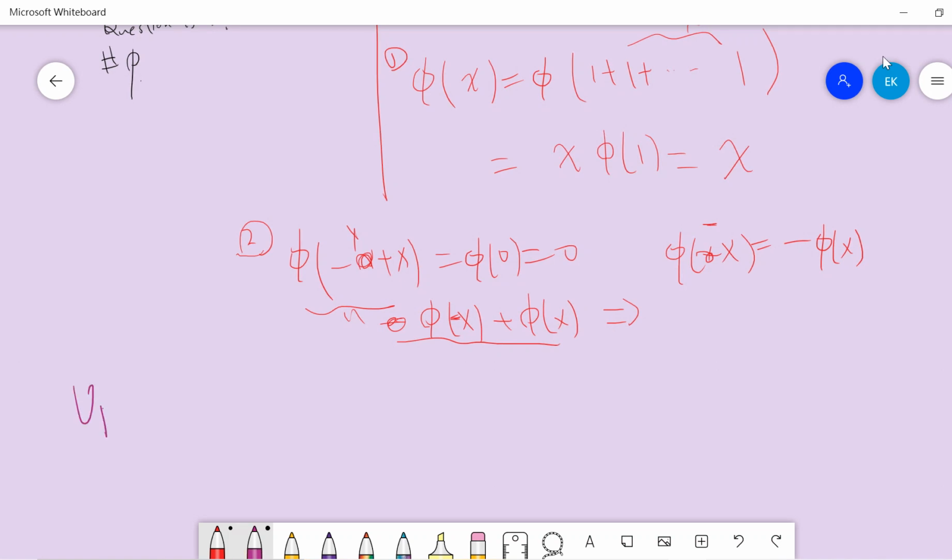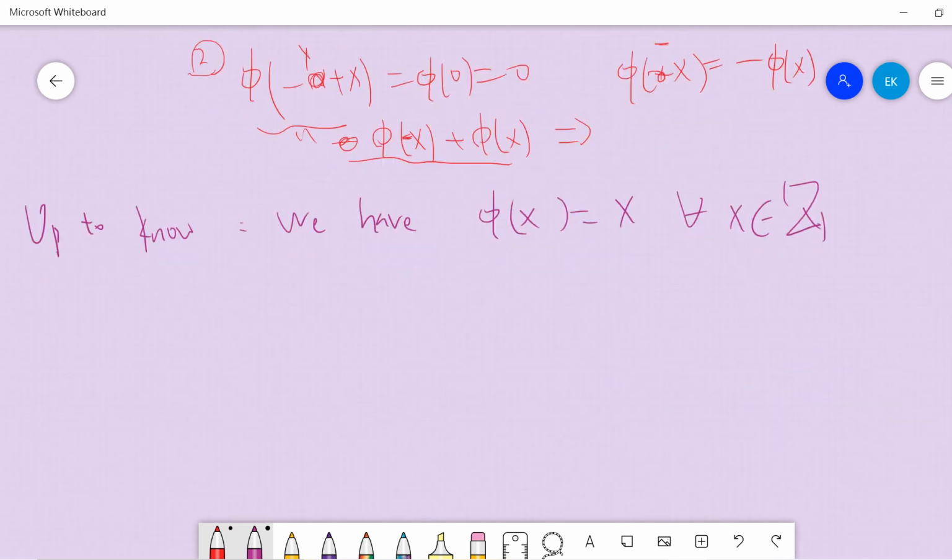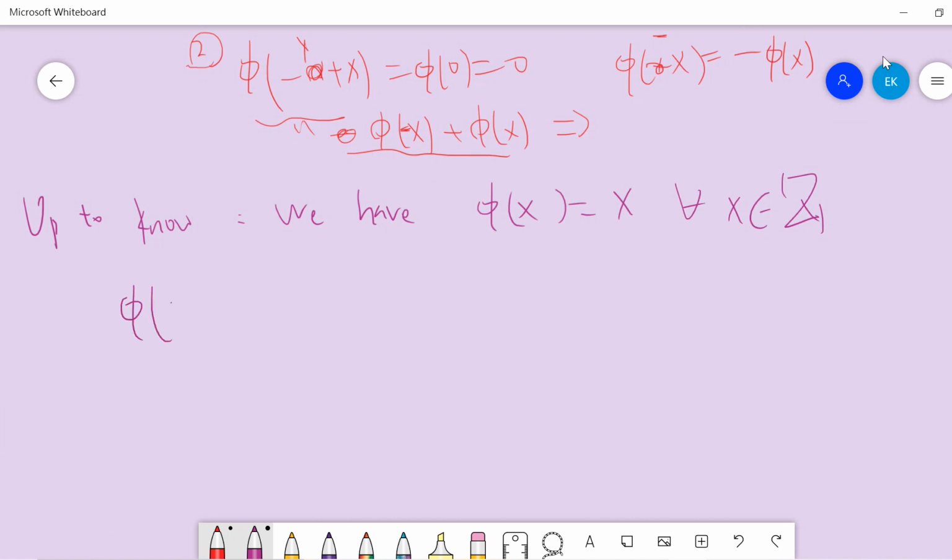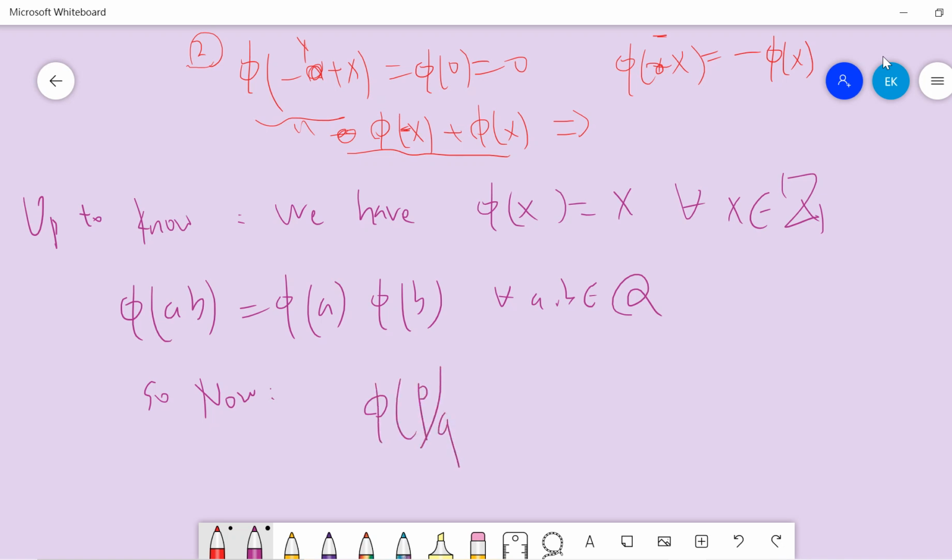Okay, so up to now we have phi of x equals x for all x belonging to the integers. And remember that we have phi of AB equals phi of A times phi of B for all A, B belonging to Q. So now, how about phi of P over Q?